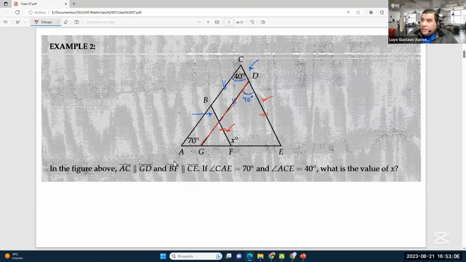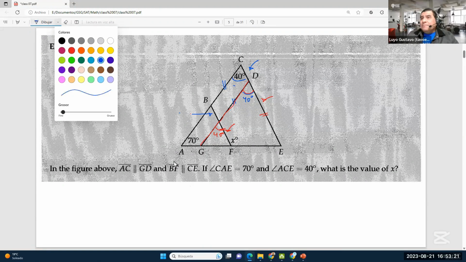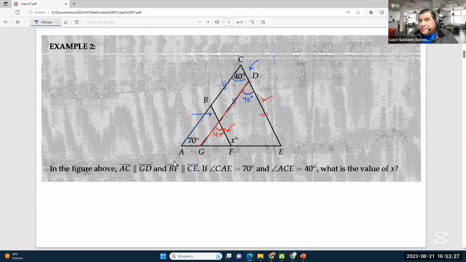So this angle here is in the corresponding position of this angle here. So this has to be 40 as well. And then now, observe what happens if the two segments in blue are intersected at the same time. That is, this and this are intersected at the same time by this. So this angle 70 has to be the same as this one here.